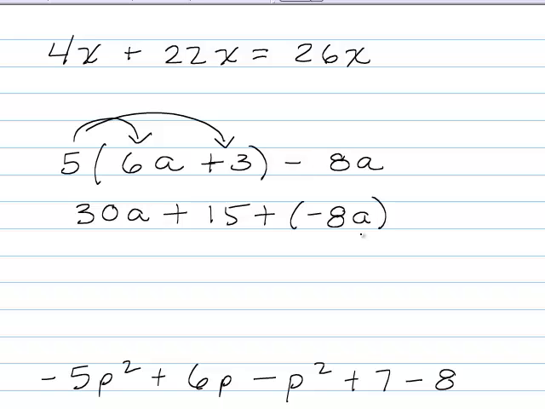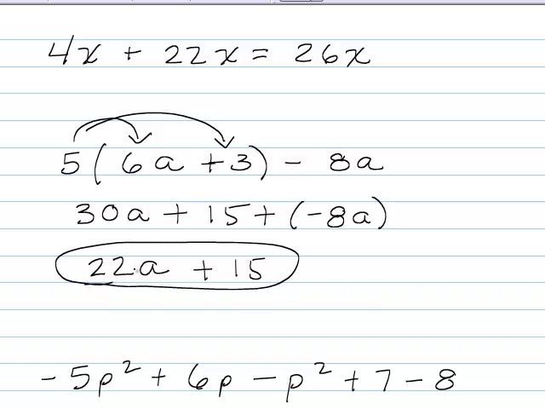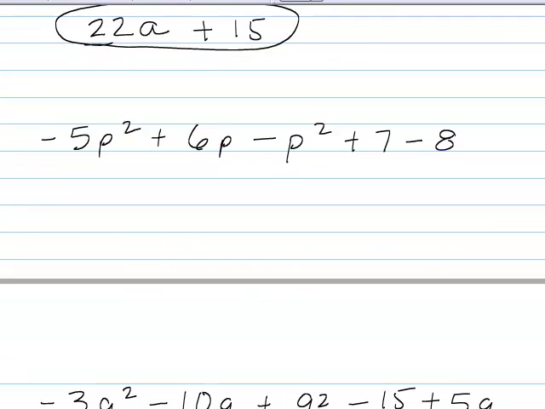So those are like terms. 30a plus a negative 8a gives me 22a. And then I just add to that my 15. Because 22a and 15 are not like terms, they do not have the same variable part, we're done. We can't do anything else with that. And so that is my expression simplified as much as it can be simplified.